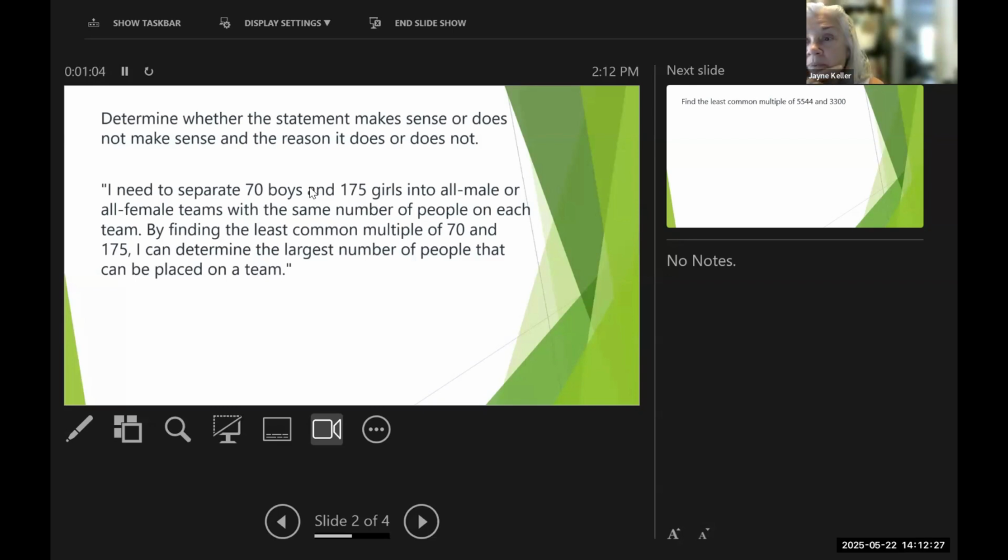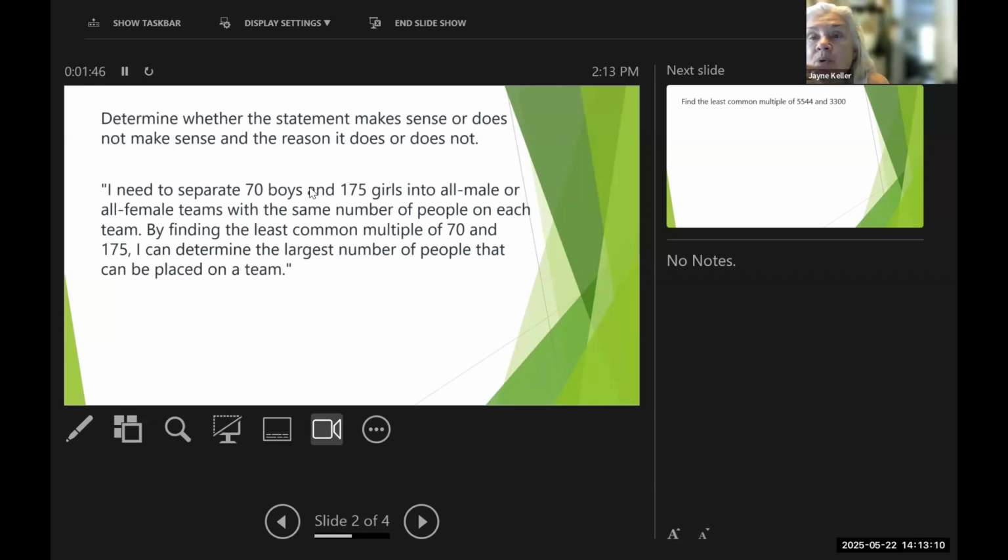But the least common multiple is always at least as big as the larger of the numbers. If I had the numbers 8 and 4, the least common multiple would be 8. But if one of them doesn't divide into the other, then my least common multiple is always bigger than the numbers I'm finding it for. So it would be bigger than 70 and bigger than 175, and I wouldn't even have enough kids to put on any of my teams. So that doesn't really make sense to me.